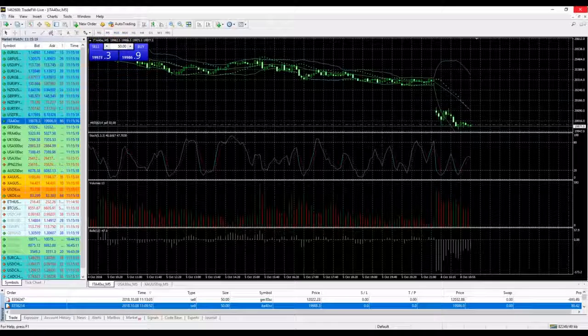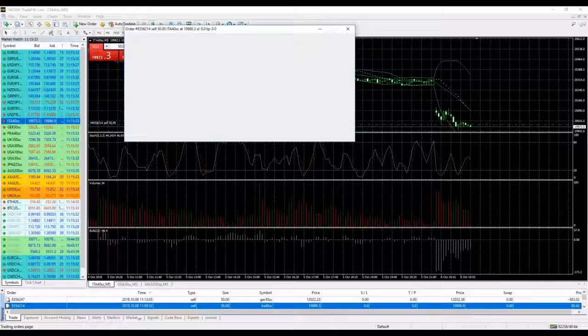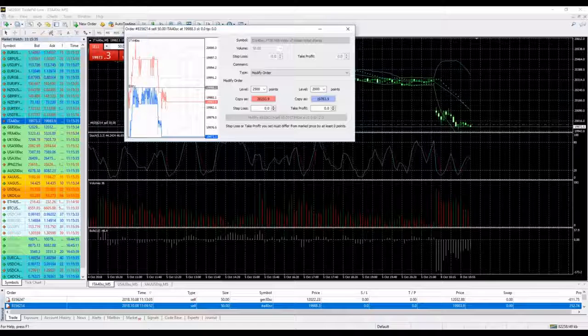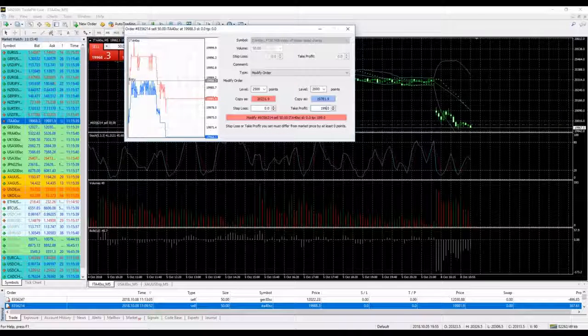Right now, our indicators are pointing to a downtrend. That's why I will keep it, and we will see. I will put a take profit at 19,942.